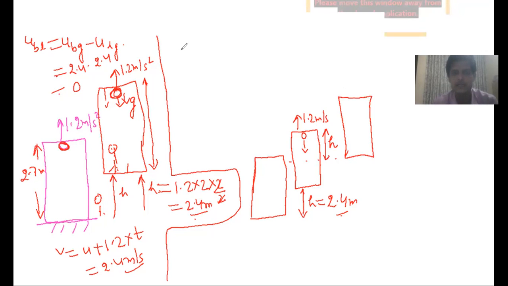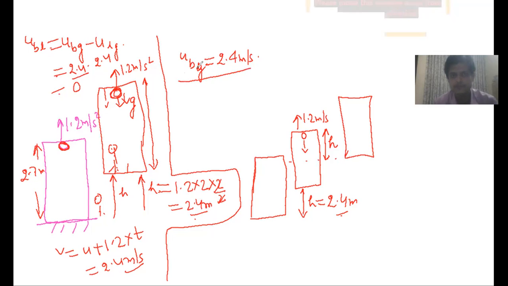So I will write the bolt with respect to ground. It is given as up to H height 2.4 meter. It has gained some velocity, and the velocity we already know is 2.4 meter per second.